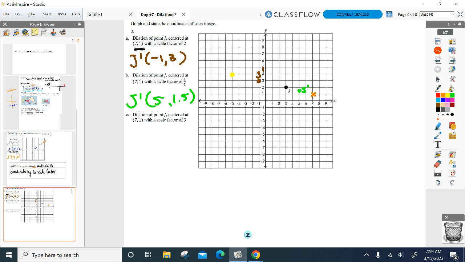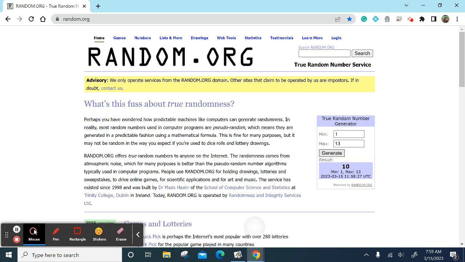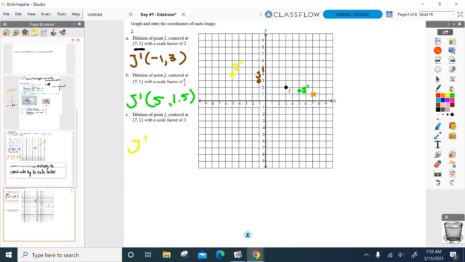Don't start from point J and go up, do it 3 times. You start from the center of dilation and do it 3 times. And that's going to be what point? Dilated by 3, -5, +4.